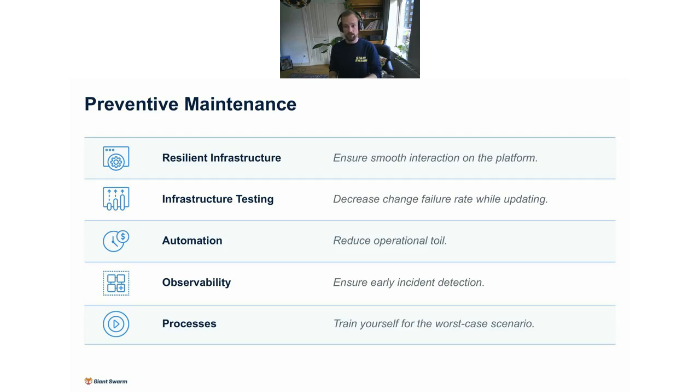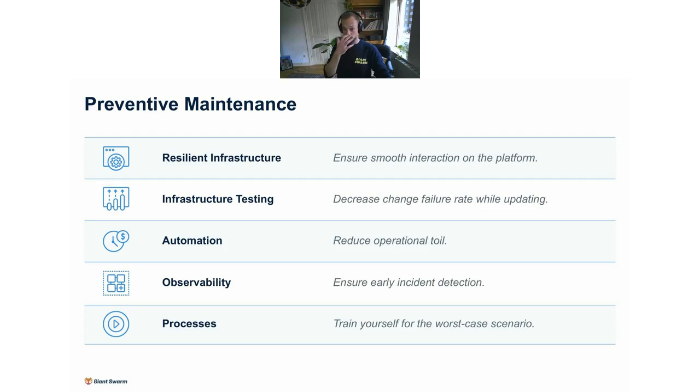So this might be, I don't know, the cluster RAM is increasing faster than before, or you might be out of storage, for example, in the future. And so that you have the possibility to react before incidents actually happen.